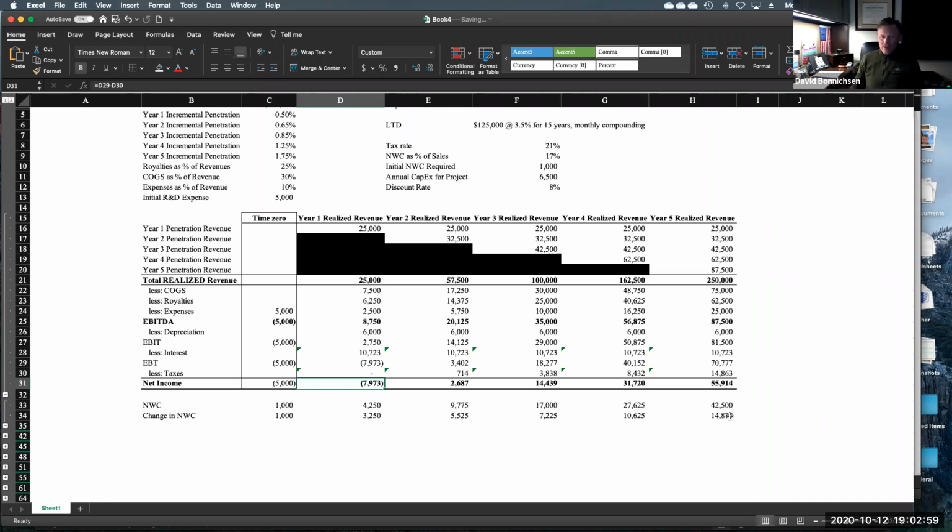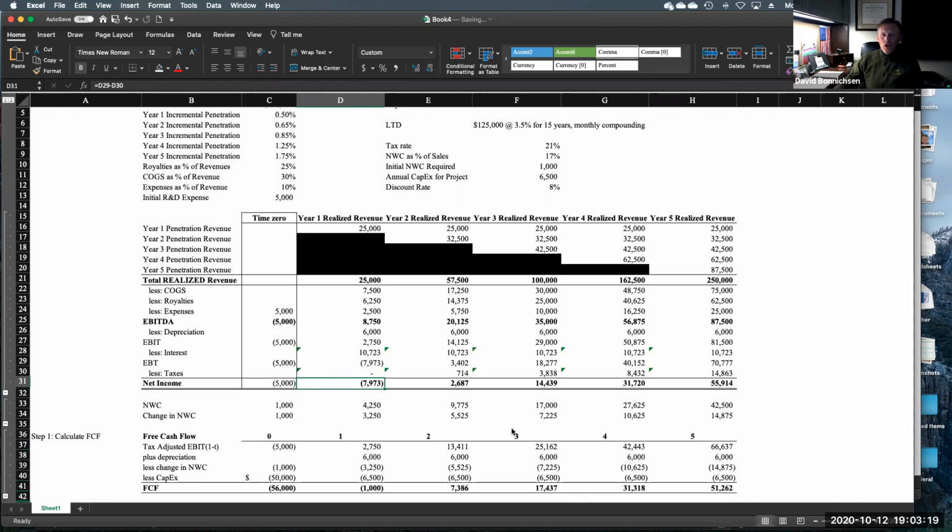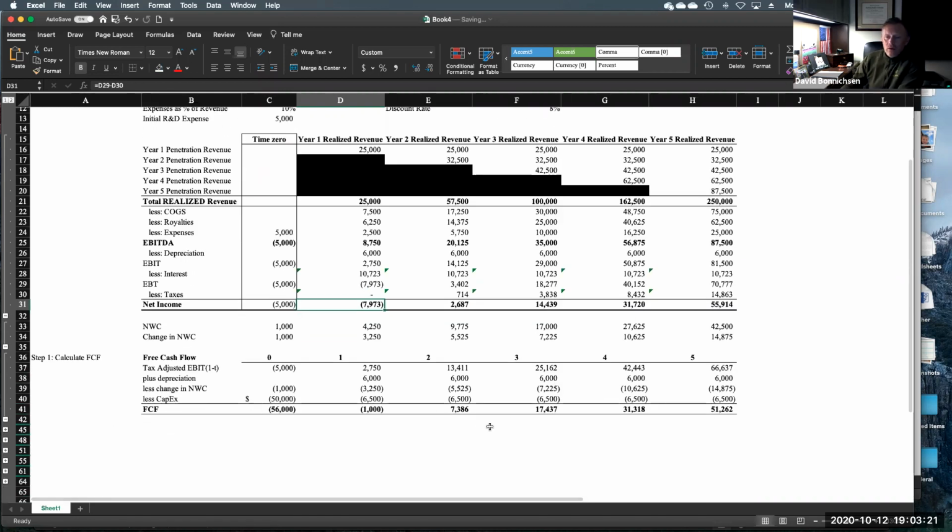And we've talked about net working capital as the difference between current assets and current liabilities, right? So when we have a change in net working capital, that's actually either a source of cash or a use of cash. So when we think about free cash flow, we have to look at our EBIT minus our taxes, because taxes are obviously a cash flow item. So what's our tax adjusted EBIT?